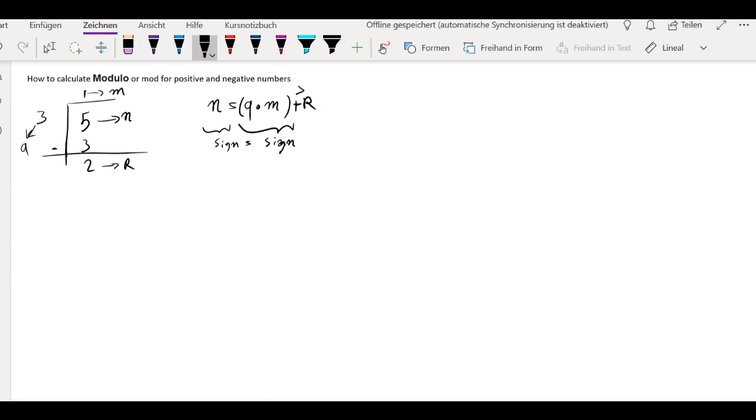Now another example, but we go with this sketch, not this one. This is simpler. Now let's say 3 mod 5. How many 5s go into 3?